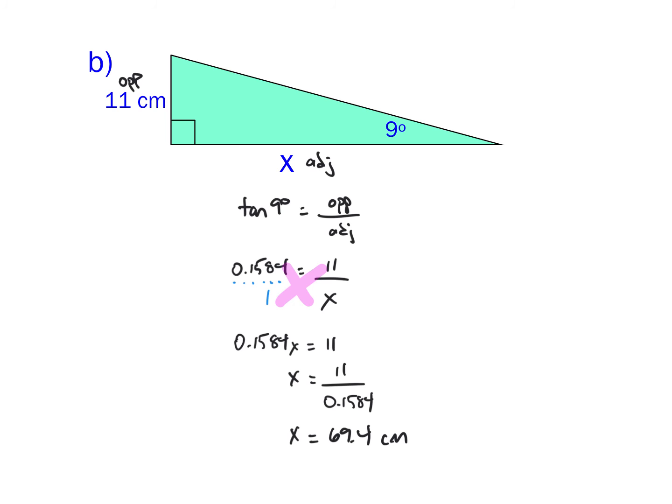And for a question like this too, or any question, but especially a question like this, use the does this make sense thought process. Because if we get an answer of 69.4, that's way more than 11.